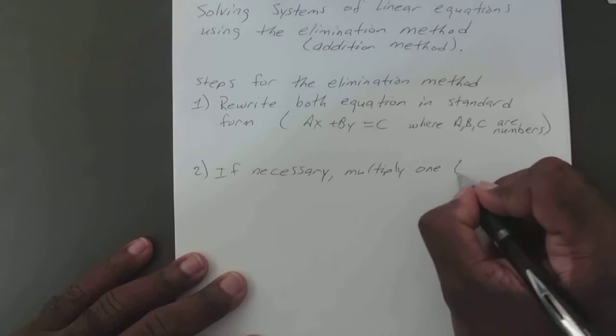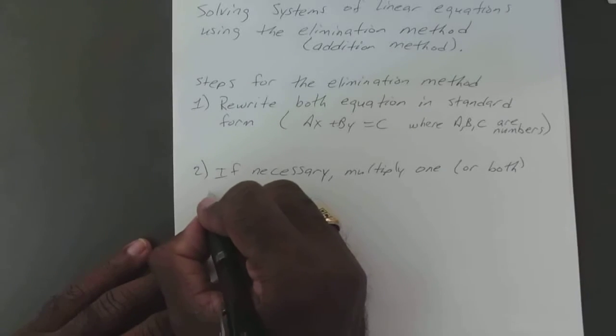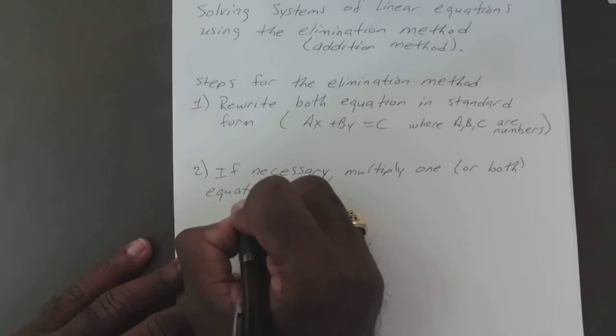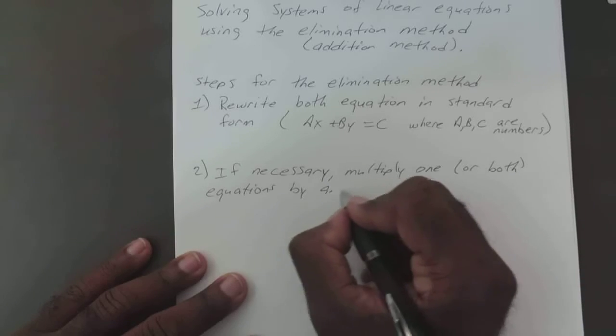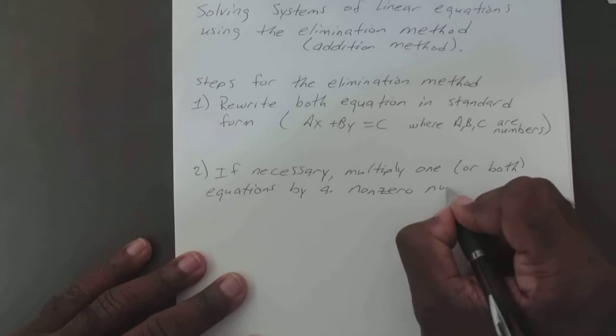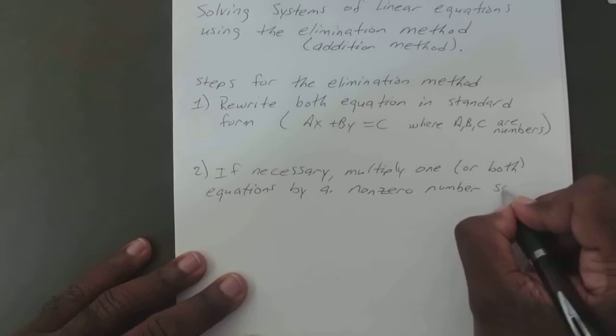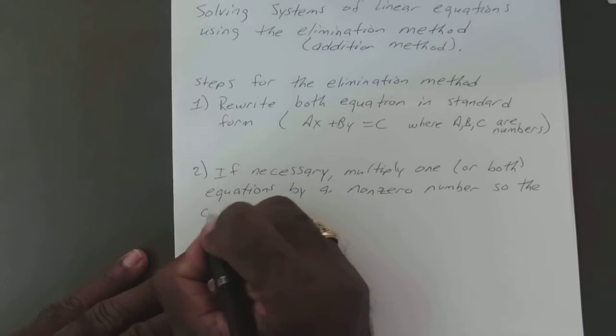Multiply one or both by a non-zero number, so that the coefficients of the chosen variable have opposite signs.